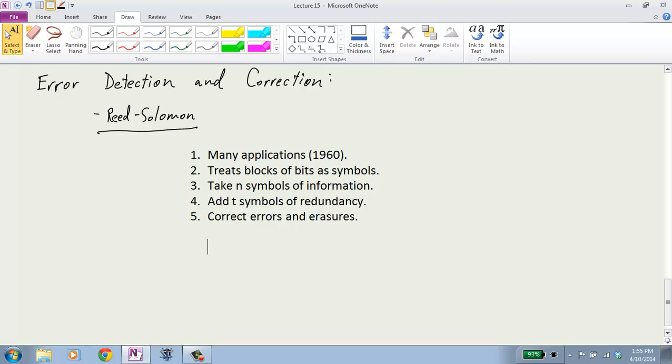So if they have 10 bits, and 1 or 2 of those bits have been changed, according to the Reed-Solomon code, that whole symbol is in error. And therefore, even if you tell it this particular symbol has errors in it, it's not obvious how to correct the errors. So that would be an erasure. An erasure is an error where the location of the error is known.